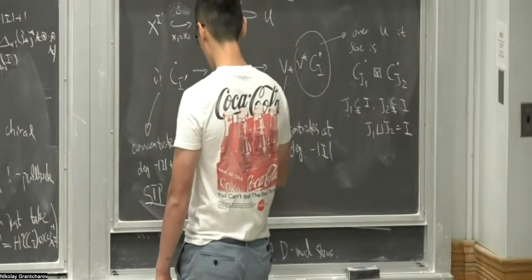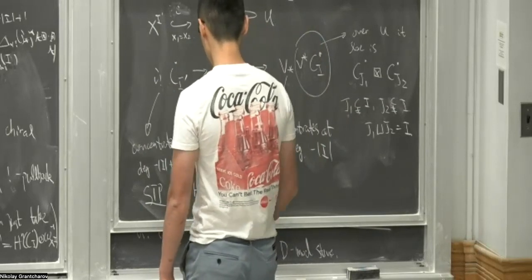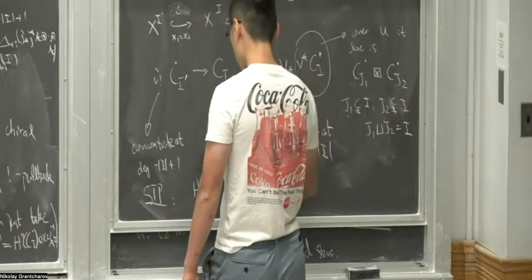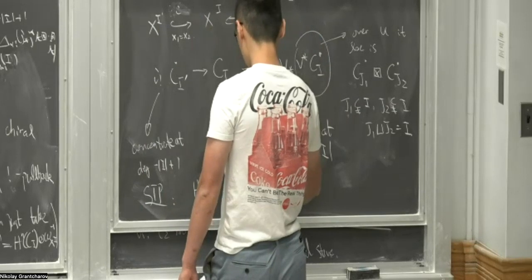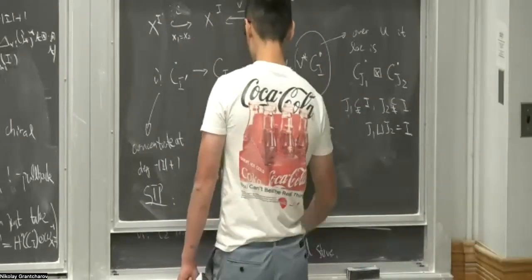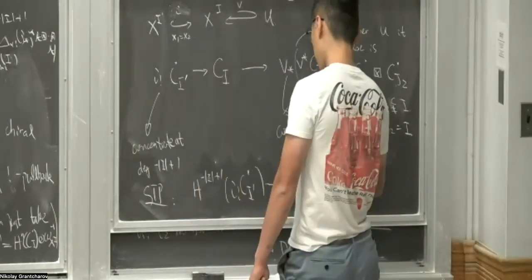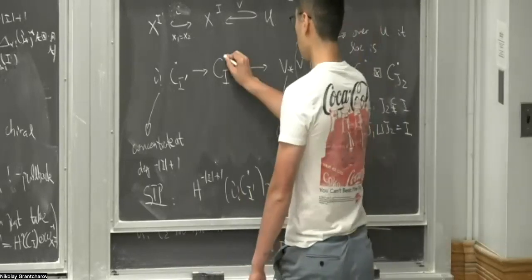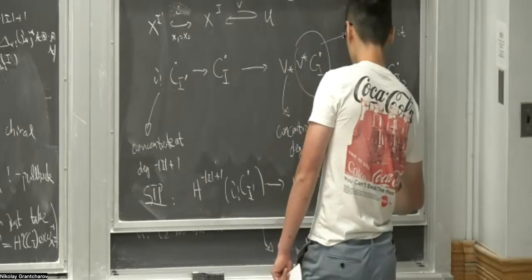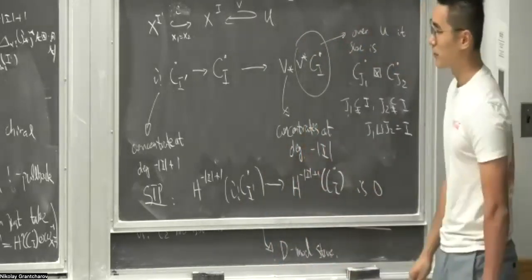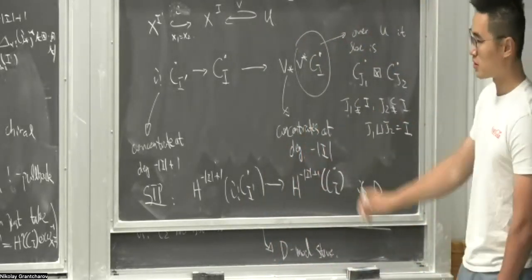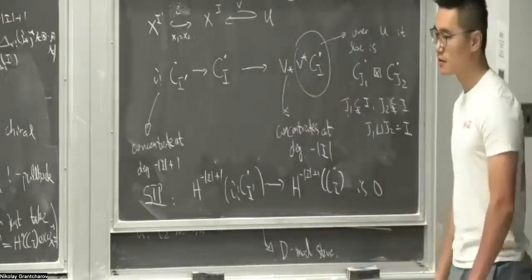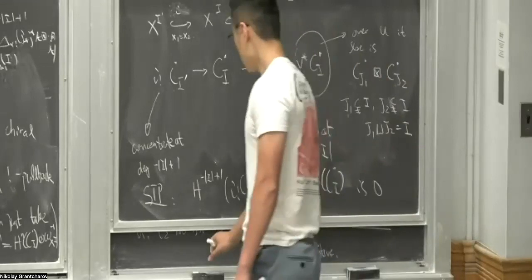It's like the H to be your sheaf, not like the homology. Once I prove the map is 0, then it's done. Okay, let's prove this.